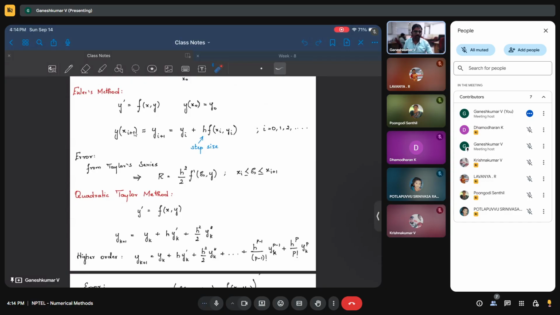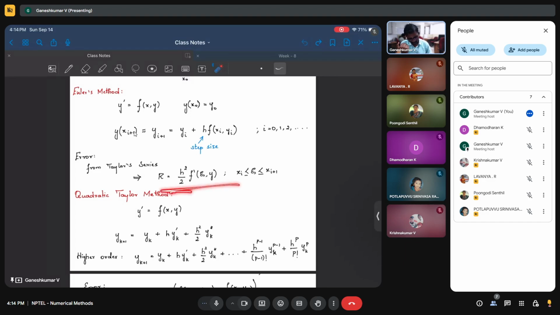It's no big deal. When you have very fine delta x, this method will work better. Also it has order one, because when you do a Taylor series expansion for it, you will end up having the h square by 2 term left behind. So which means your order is 1 for Euler method.